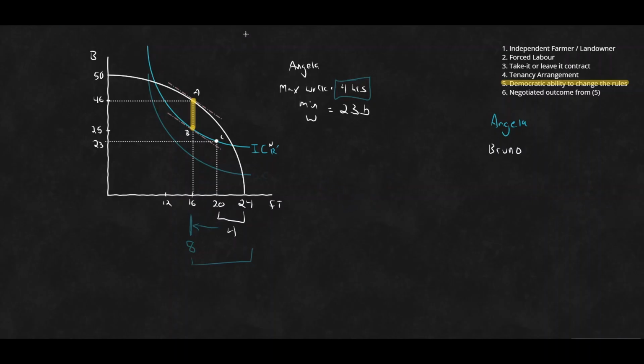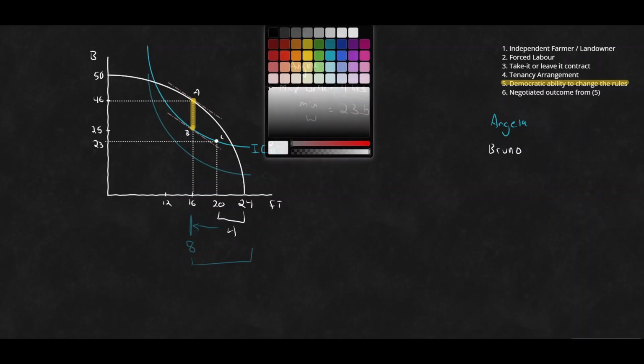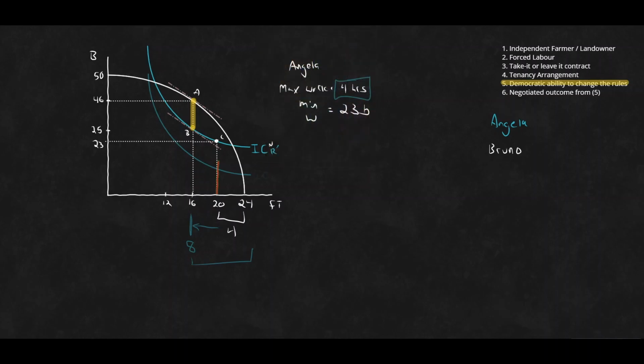So the result of this altogether is that we get this, let's use red, a boundary like that, saying, hey, you cannot go to the left of that boundary. Very similarly, we have set a boundary for the minimum wage, saying you cannot pay less than 23. So not only have we restricted this feasible set altogether, we have restricted it even farther by saying the only feasible set that we can engage in is this area here.